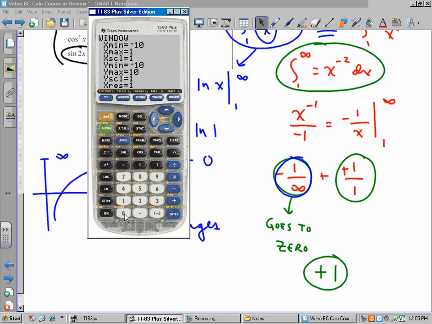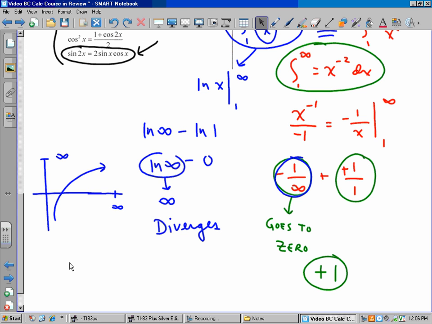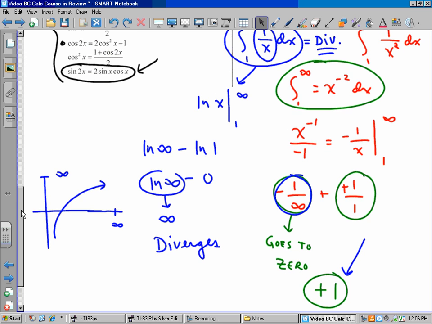Let's go to 100, and we'll go by 50s on the x scale. Graph it again. Second trace number 7 to integrate from 1 up to 100 this time. We have 0.99. So you get the idea. As we go out to infinity, we are going to approach an area under that curve of 1. So we say that the integral converges to 1.